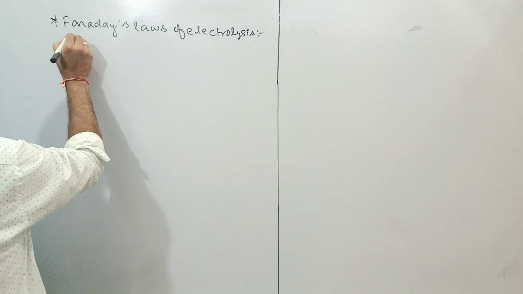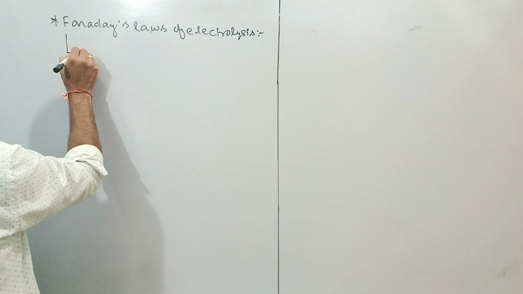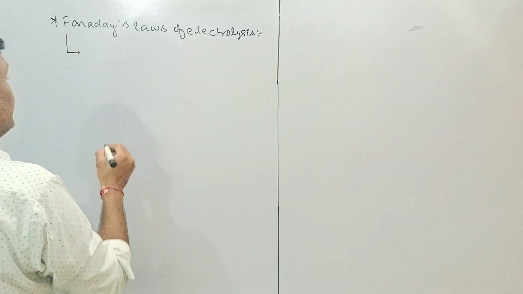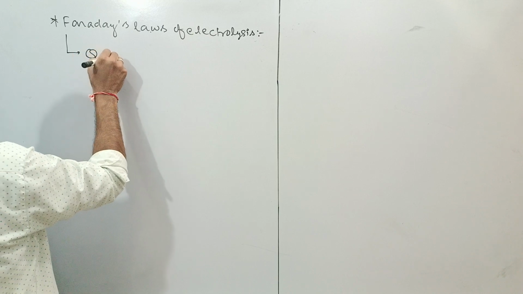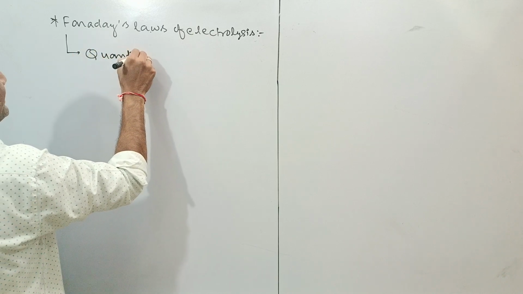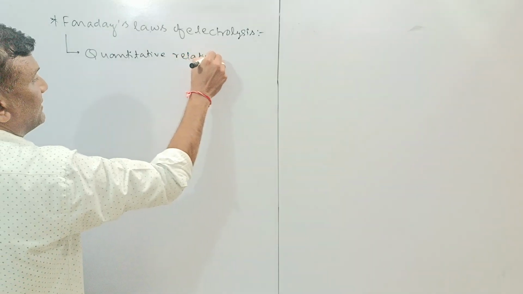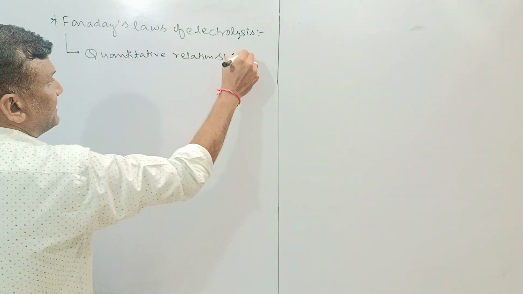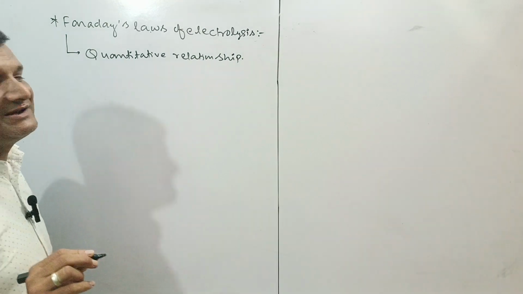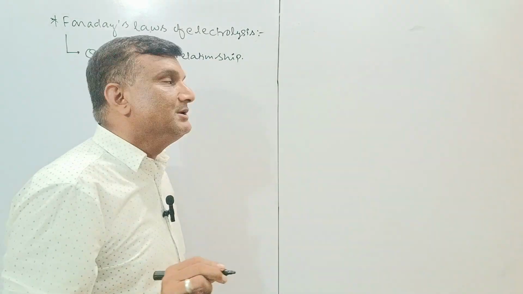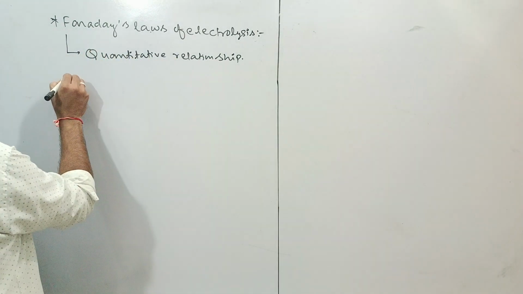So Faraday proposed it's a quantitative relationship regarding to the formation of different substance over different electrodes. What is that? There are two laws.